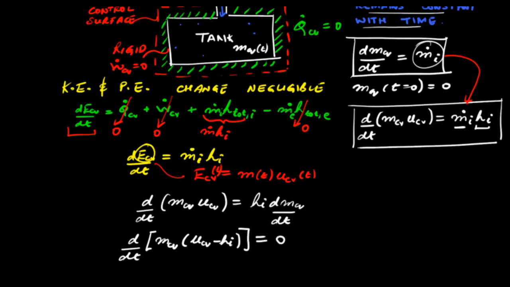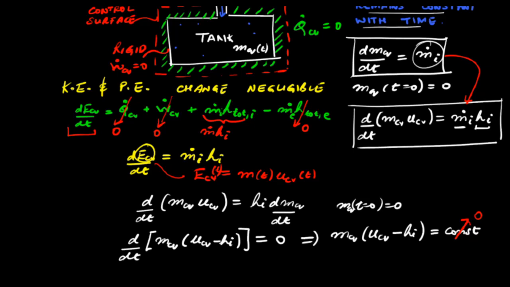Now, if we integrate this equation, what we get is m_CV times the specific internal energy of the gas within the control volume minus the enthalpy at the inlet is equal to a constant. But recall that at t equals 0, m_CV is 0. Therefore, this constant is 0.